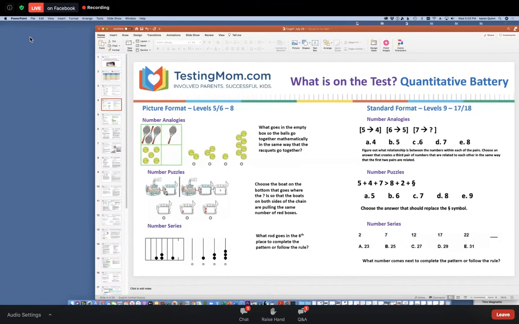So here the boat is pulling 3 red boxes. We need the boat to be pulling 3 red boxes on this side. So we need to add one of these cars here, or boats, I guess you would call it, to where the question mark is. So we need to add the one that has a 1, and then it would be pulling 3, and this would be 3.